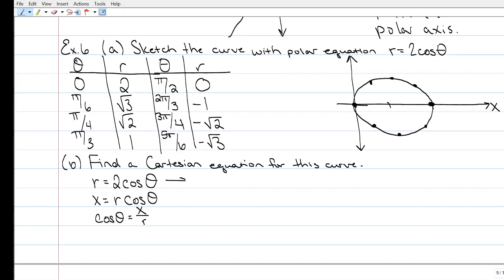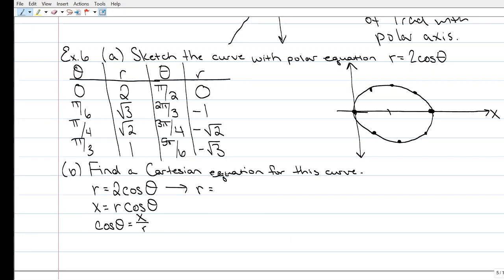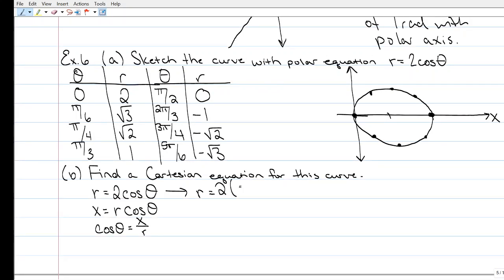So our original equation, r equals 2 cosine theta, can become r equals 2 times the quantity x over r. Multiplying across by r, I get r squared equals 2x.